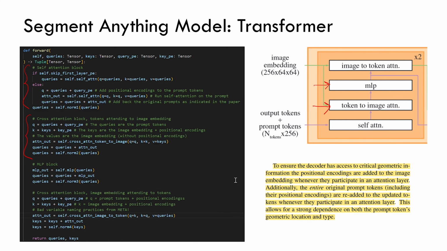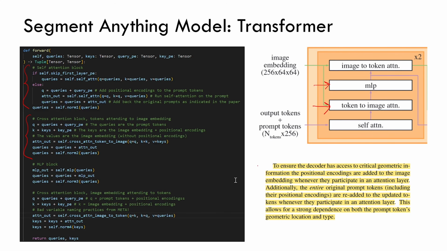Why do we want two cross-attentions? Because we want two outputs from this transformer. One will be the sequence of tokens of the prompt, from which we will extract the output tokens, one indicating the IOU score and 3 indicating the masks, and the other is the image embedding that we will then combine with the output tokens of the mask to build the mask. But we will see this later.